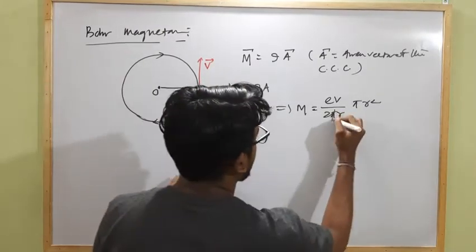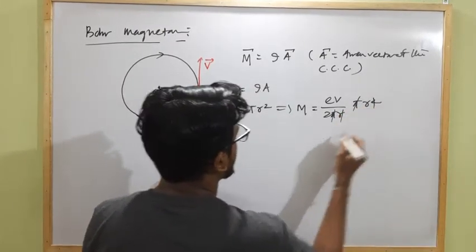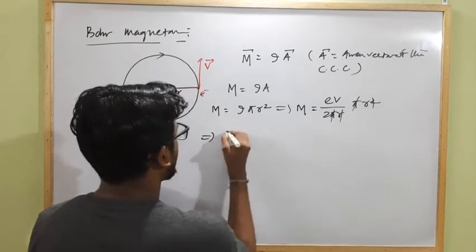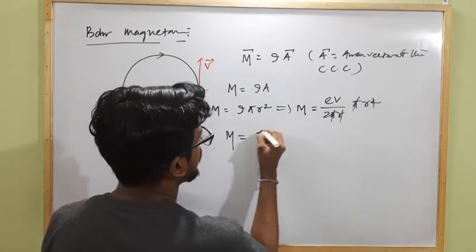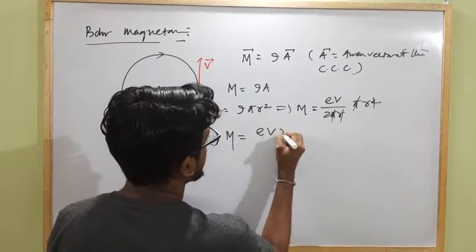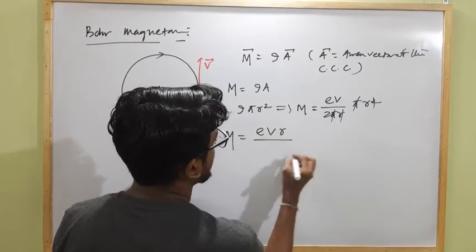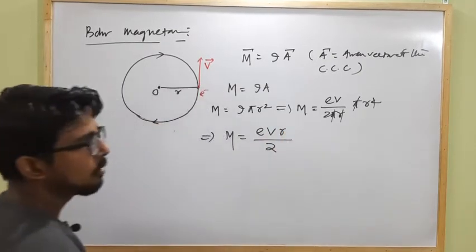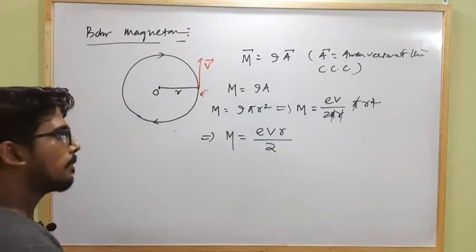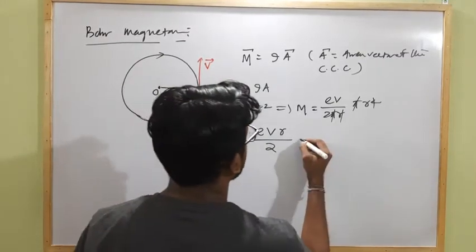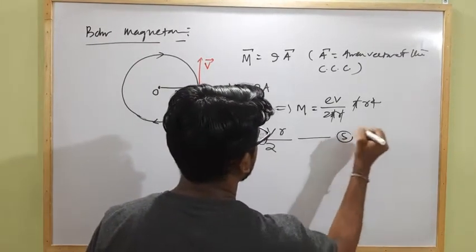Here pi r will get cancelled. So the magnetic dipole moment M equals E v r divided by 2. Clear? Okay, let it be equation 5.